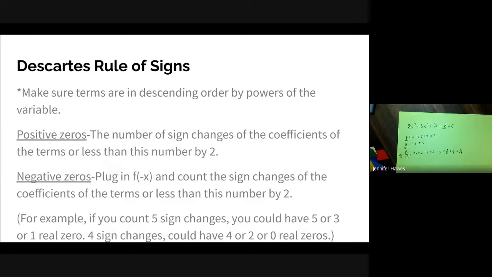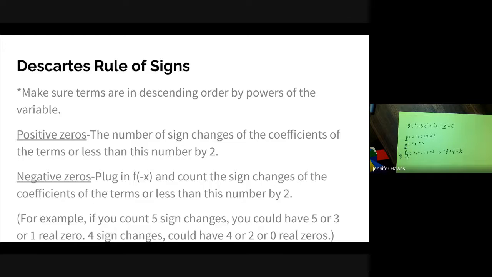If it goes from a positive to a negative or a negative to a positive, you count that as a change. And then you just count till you get to the end. And then it always goes down by 2. So if you count 5 changes, you could have 5, you could have 3, you could have 1. If you count 4 changes, you could have 4, you could have 2, or you could have 0. That's what it means by terms less than this number by 2.